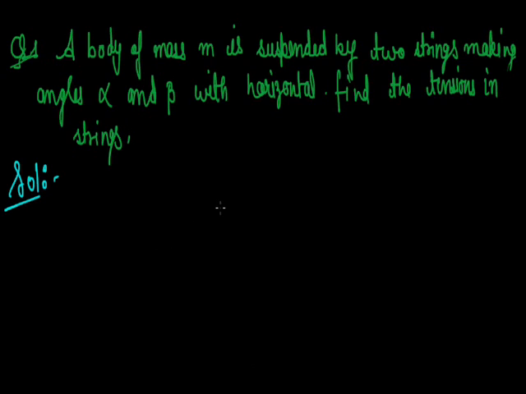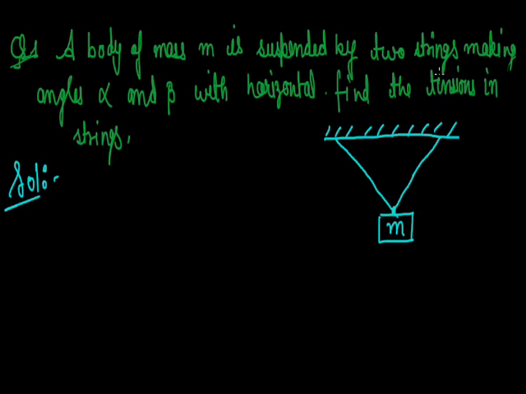As it is given in the question, a body of mass m is suspended by two strings. So first we draw a diagram. There are two strings and here a mass m is suspended as given in question, making angle alpha and beta with horizontal.